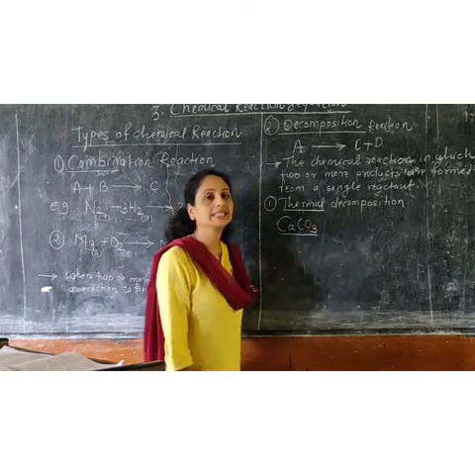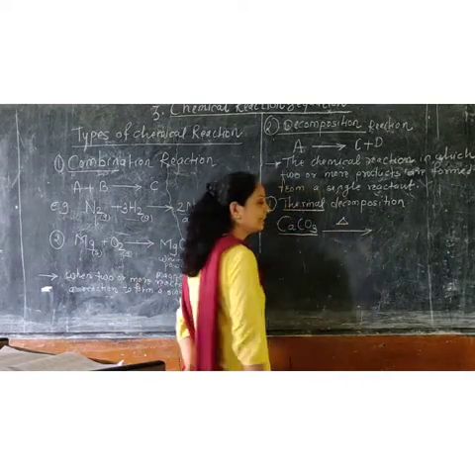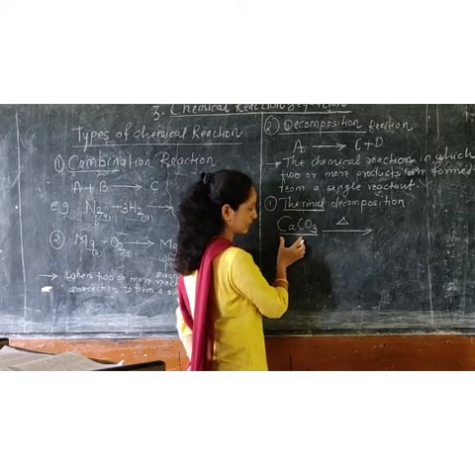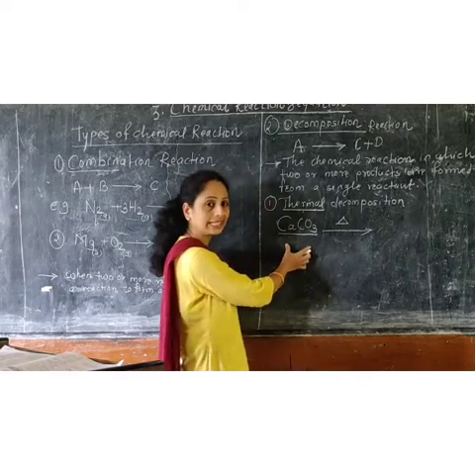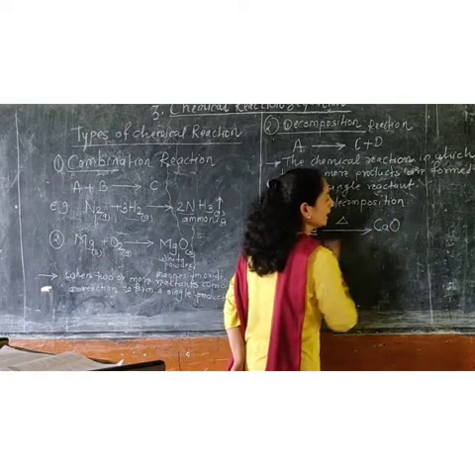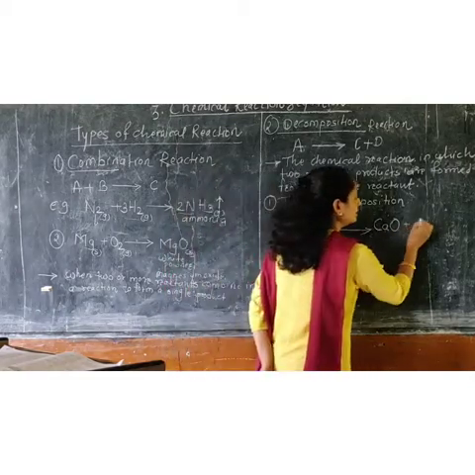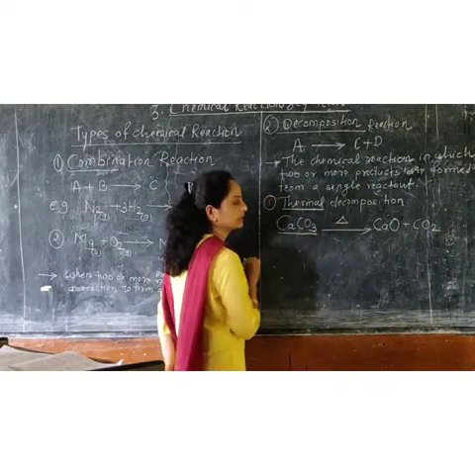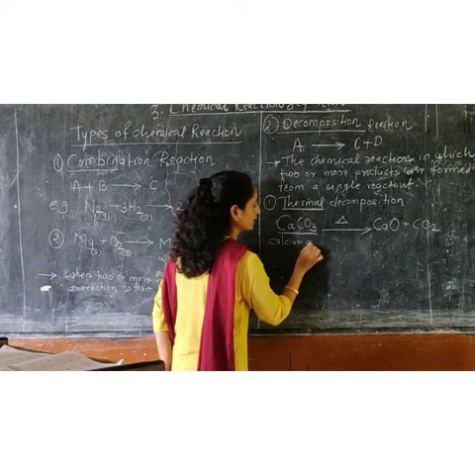If it is heated at a high temperature, the heat given is denoted by this triangle, then it is broken down, or decomposed, to form the products CaO plus CO2.